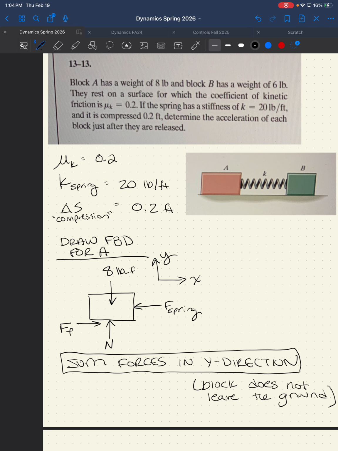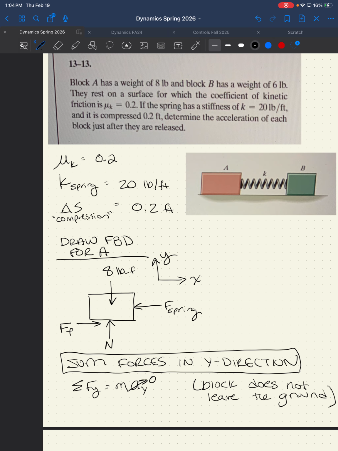Okay, so let's look at forces in the X direction. I'm seeing a force of friction, and I'm seeing a spring force. That's all well and good, but I'm not actually going to write them down that way. I'm going to interpret a little bit about what it means to be a spring force. Does anyone remember from statics, what is the force from a linear spring? Yeah, k times x.